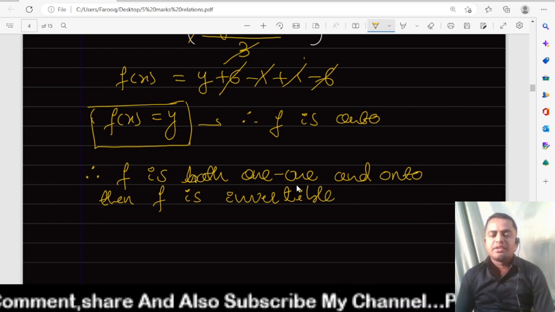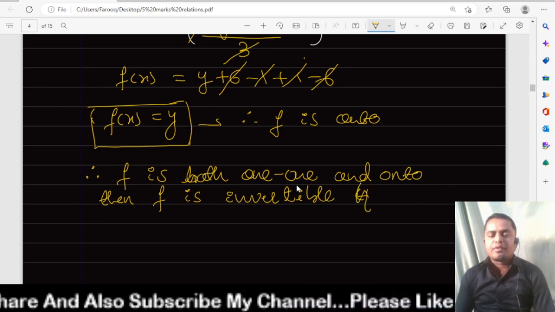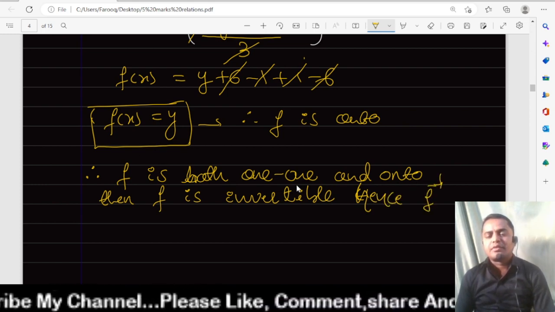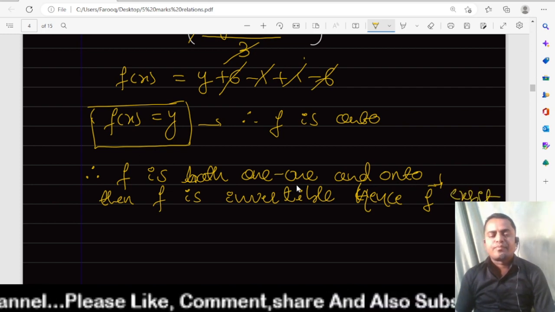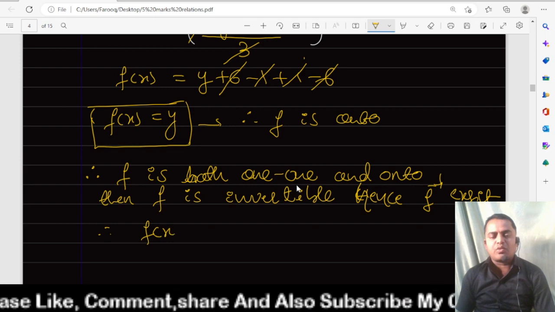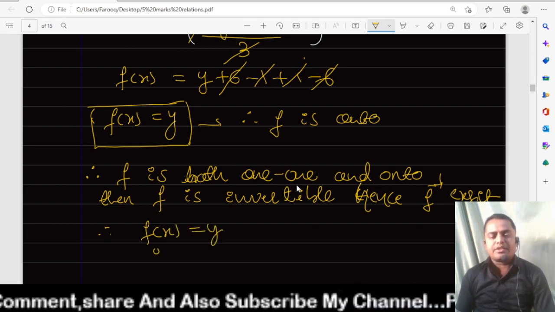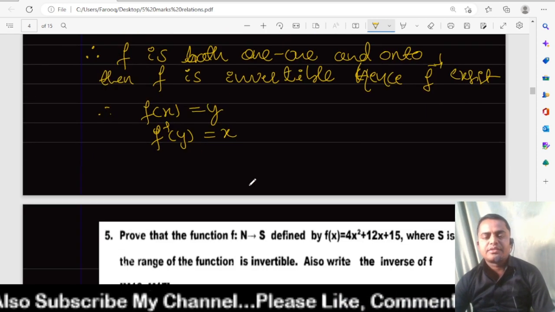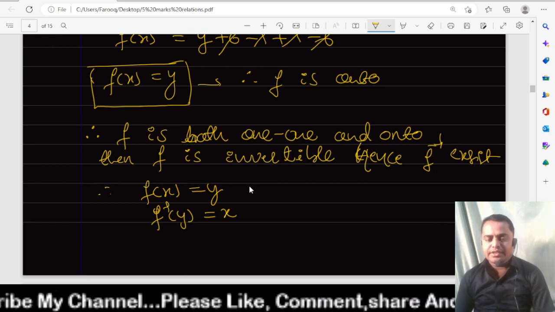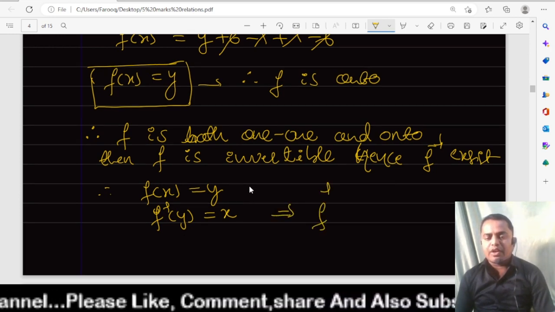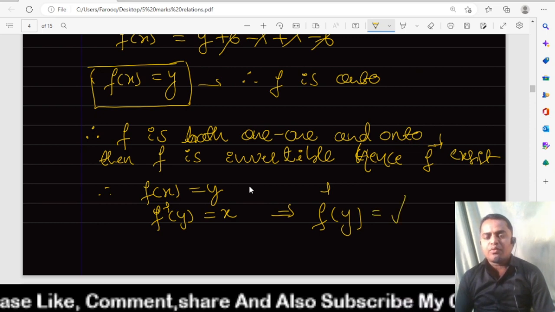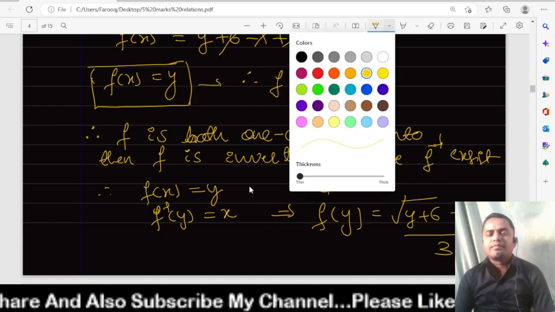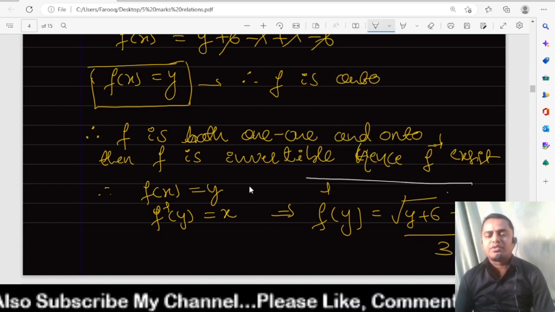If it is invertible, hence f inverse exists. Therefore, f of x is equal to y. Then f inverse of y is equal to x. What is the value of x? This implies f inverse of y is equal to (root of y plus 6 minus 1) divided by 3. This is the f inverse of the given function.